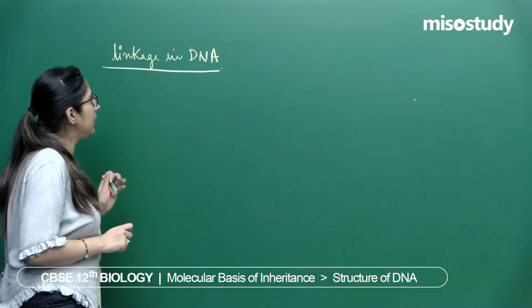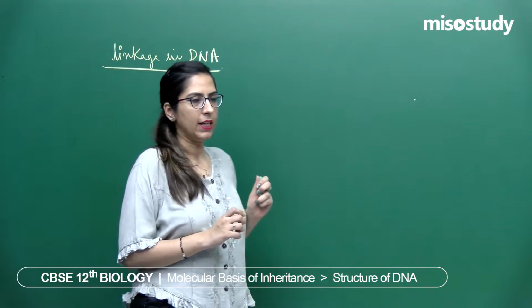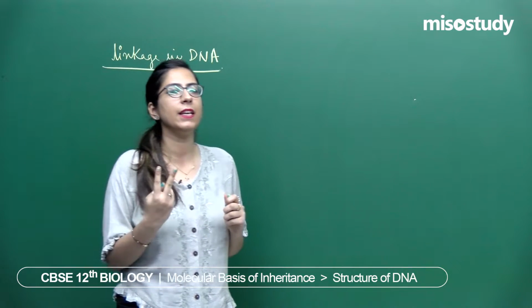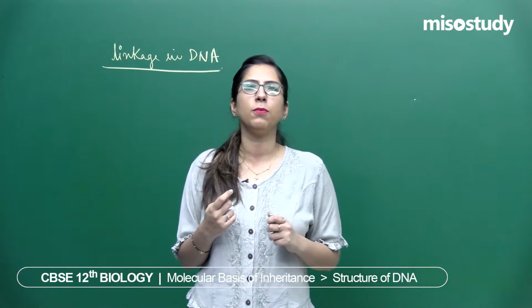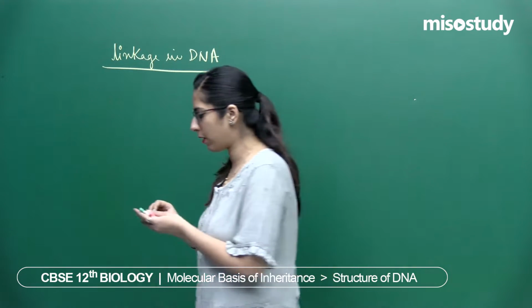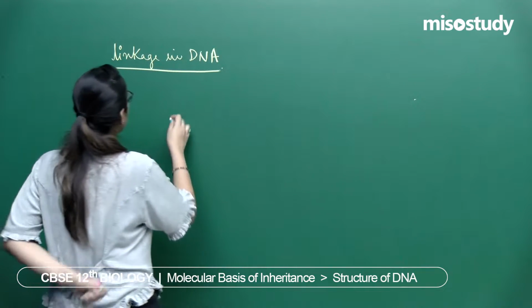So, first of all, let's discuss the linkage in DNA. Overall, two types of linkage are present in DNA. The first linkage is called a phosphodiester bond and the second is called a glycosidic bond. Let's first discuss the glycosidic bond.